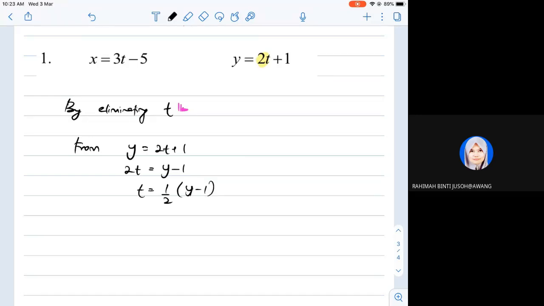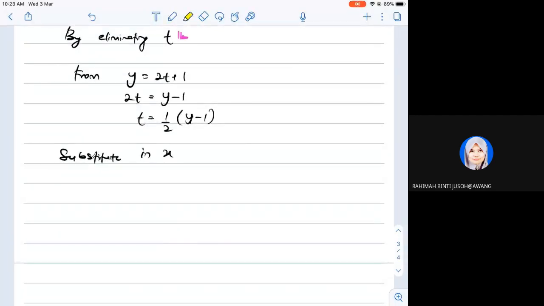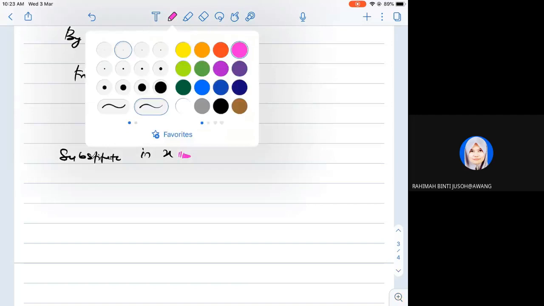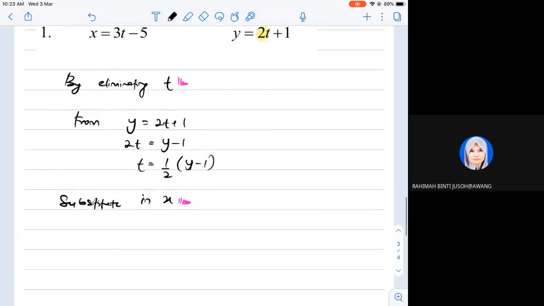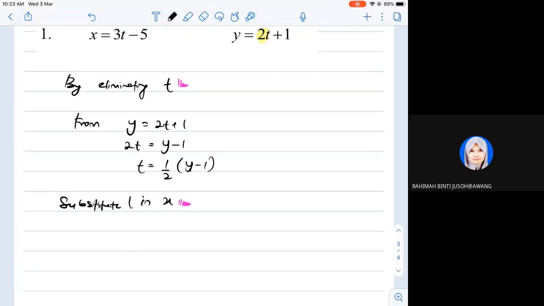Okay, next what you should do is substitute t in x. So we have x equals to 3t.